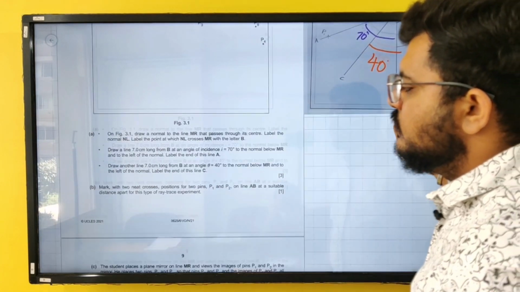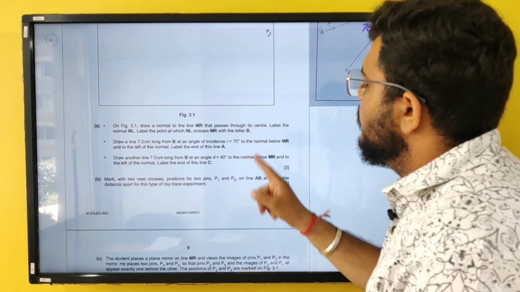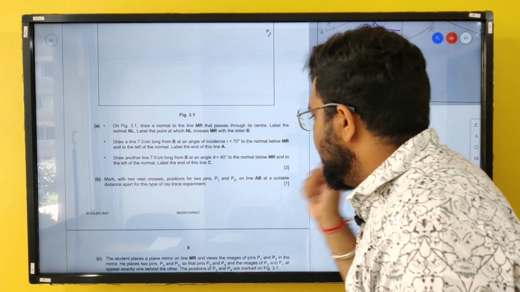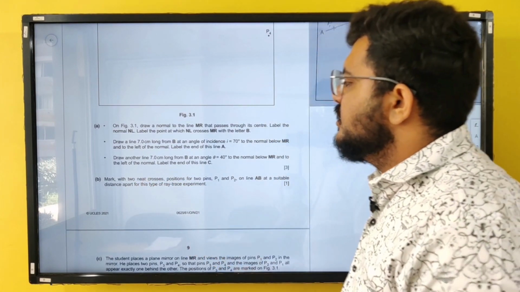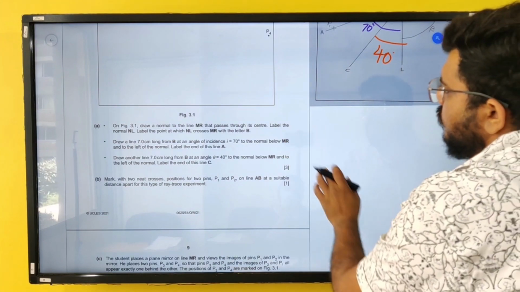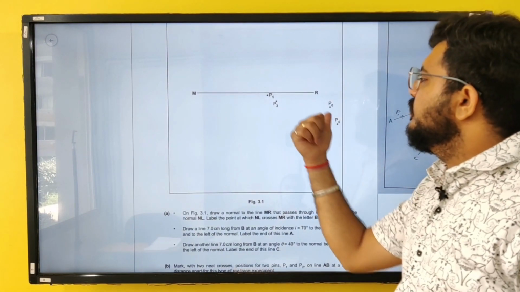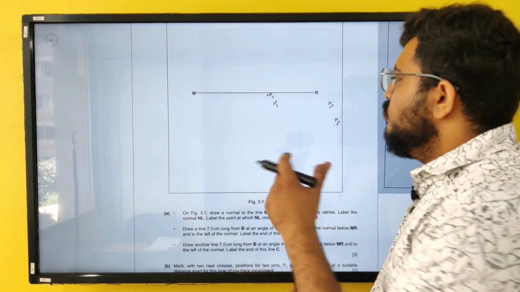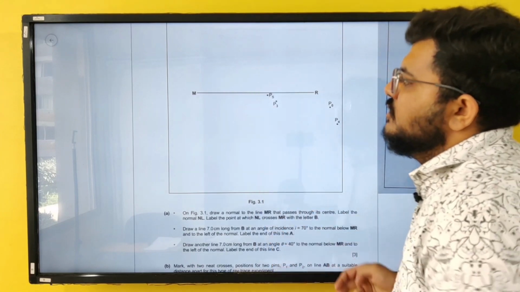Now, mark two neat crosses, positions for two pins P1 and P2, on line AB at a suitable distance apart for this type of ray trace experiment. So you have to mark 2 points. They have marked P3, P4, P5, P6. You have to mark 2 points in such a way to show that the ray is passing through them.